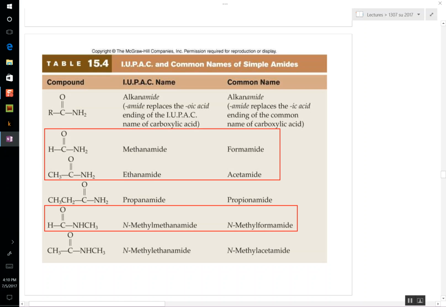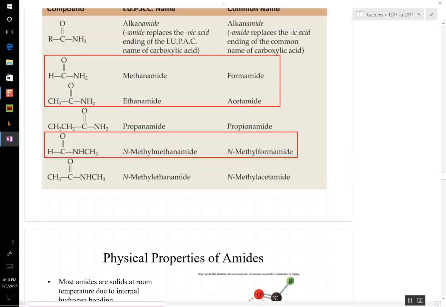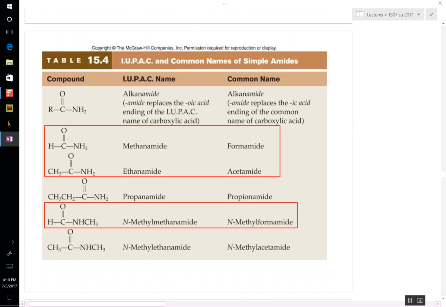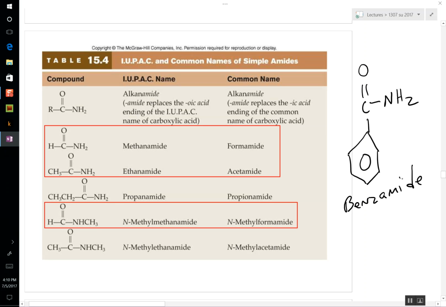Where's the other one? Ethanamide. There's 1, there's 2. The third one's not on there. The third one would be this one. This is benzamide.